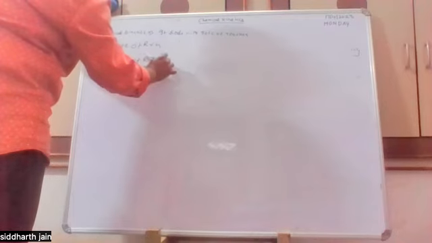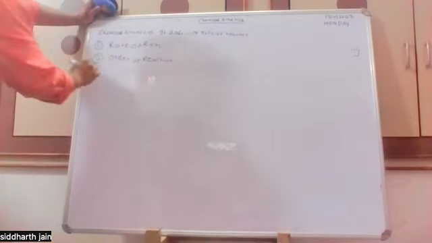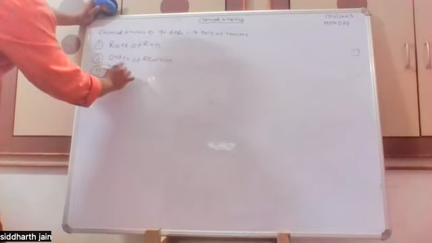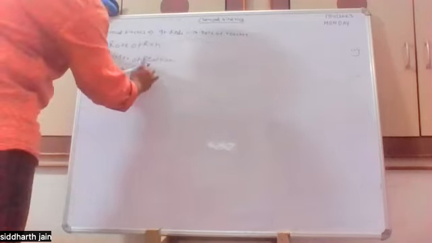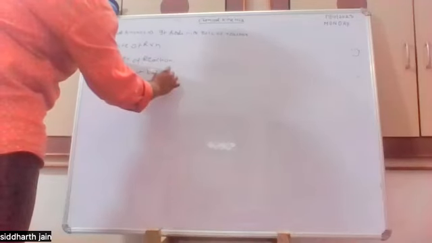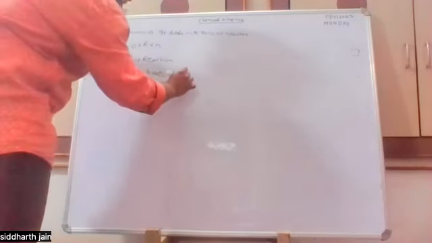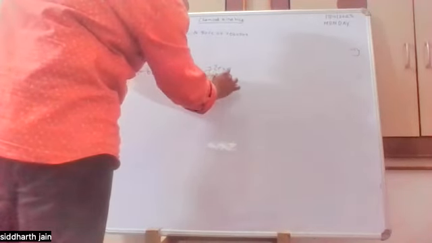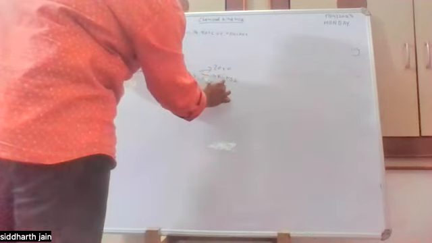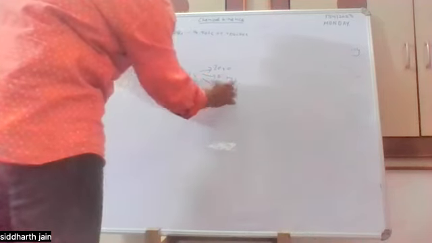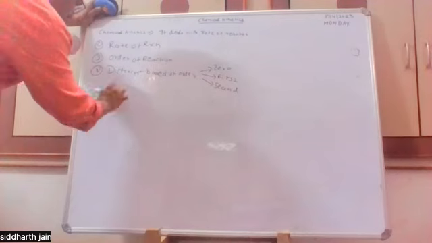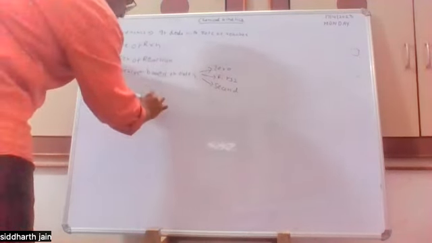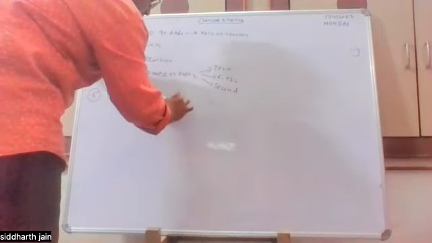And why we need the order of reaction, that we also discussed. Then I discussed about the different reactions based on order. That is, we discussed about zero order, first order, and second order. And then we discussed about different theories which explain the rate of reaction.